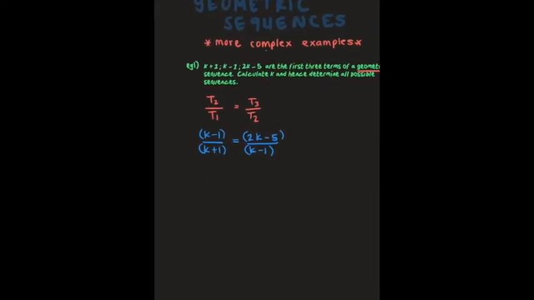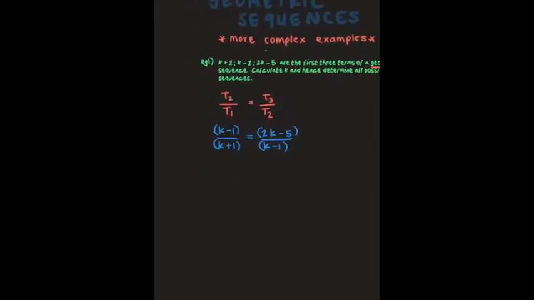Now we need to solve this equation. I don't want to be working with fractions, so I need to get this out of the denominator and into the numerator, and same story over here. We're going to use this very simple cross multiplication technique.